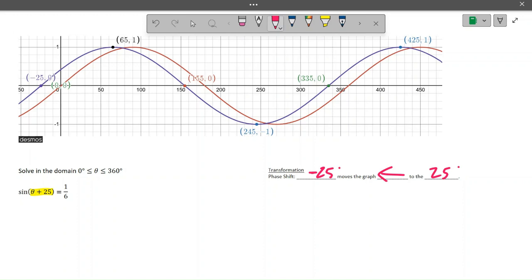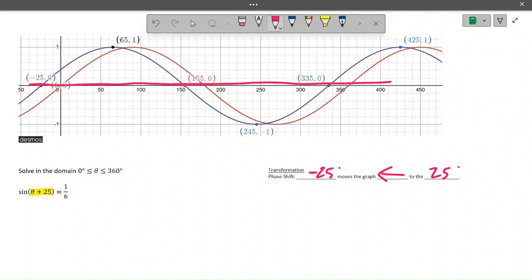All right. Let's go ahead and solve this, keeping in mind as we look at our sine waves, the red graph is sine of theta and the blue graph is our transformed graph. Below, we're looking for values that are positive exactly 1/6. So if I were going to draw the line for possible solutions, it's going to be really close to 0.